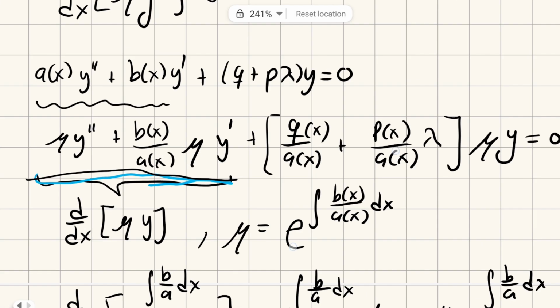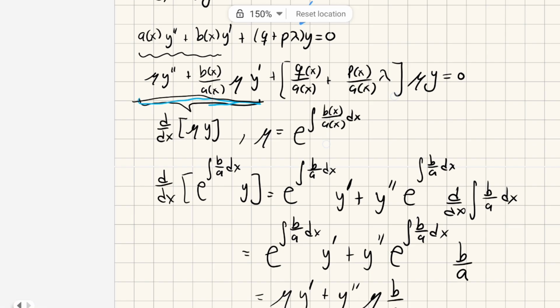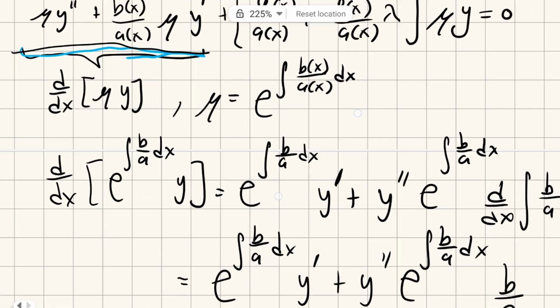So the thing here is that we can take a second order differential equation that has this lambda parameter and transform it to a Sturm-Liouville problem by multiplying by a factor mu defined as this function over here.